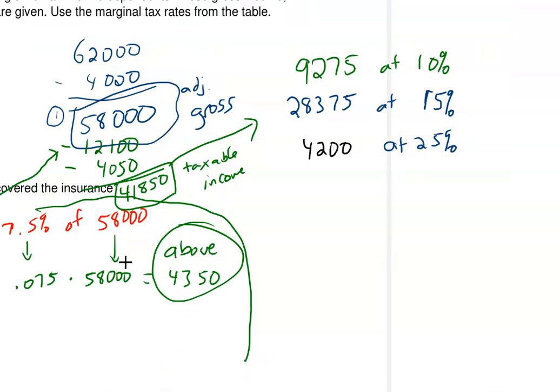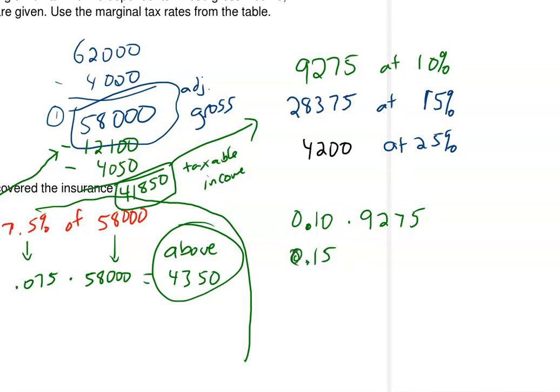So again, just like we did over here, to calculate these, I guess I'll just do these down here. 10%, we want to convert that to decimal form, and then multiply. Right? So 10% of 9,275, that's 0.10 times 9,275. 15%, that's 0.15. I guess I could put zeros in front of these.